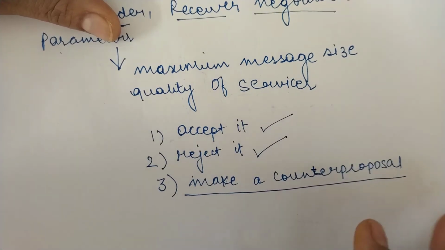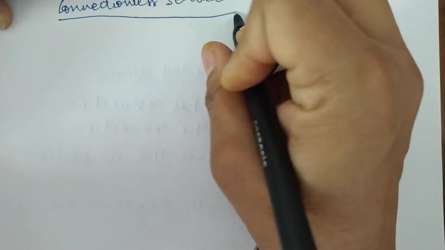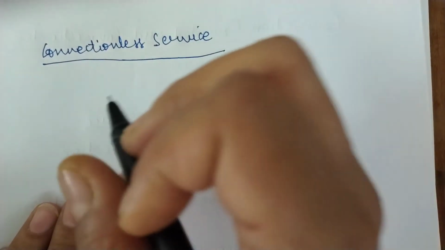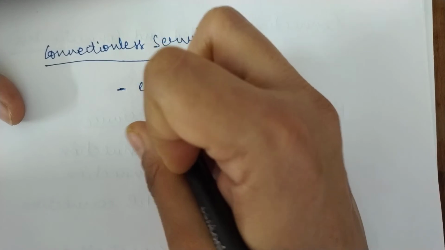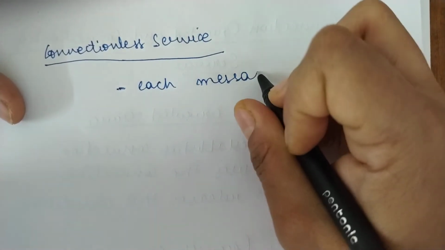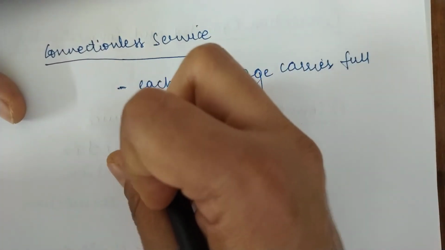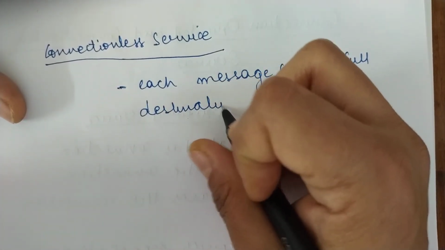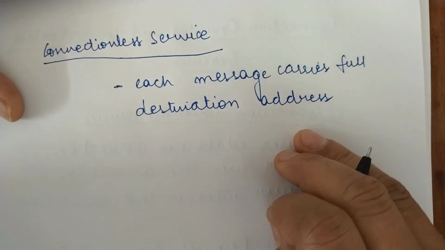Now if I talk of the connectionless service, in a connectionless service, normally each message carries the full destination address, because there is no dedicated line between the sender and the receiver.